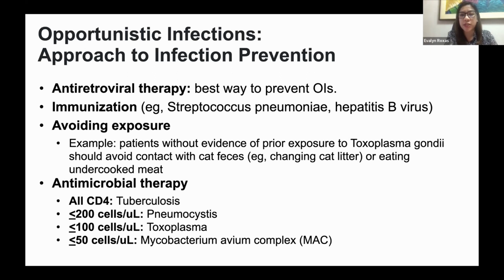If the patient has a CD4 count of less than 100, there's a specific drug we can give to avoid toxoplasma infection. And if the CD4 count is less than 50, there's again a specific drug to avoid acquiring Mycobacterium avium complex infection, which again is an opportunistic infection. That's prevention as much as possible. If we can prevent getting all of these OIs, we do that.